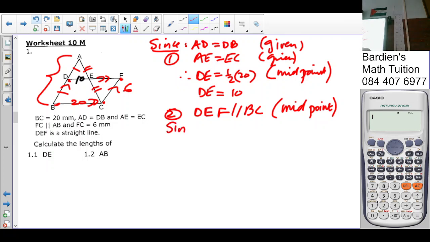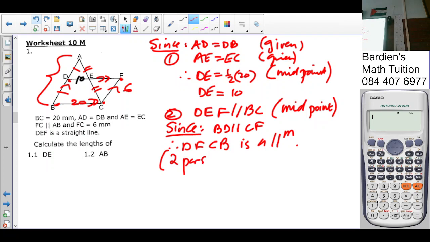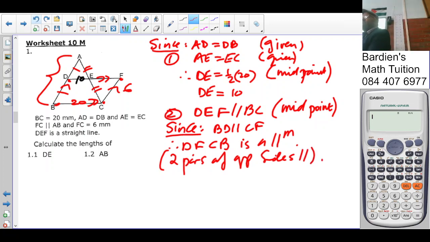So since that is parallel and BD is parallel to CF, since that is parallel there and that is parallel, can you see that, people? Therefore DFCB is a parallelogram. Why? Because it has two pairs of opposite sides parallel. So this is a parallelogram now.